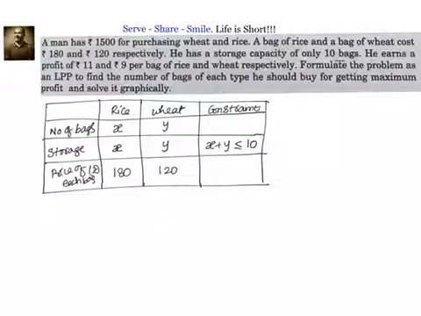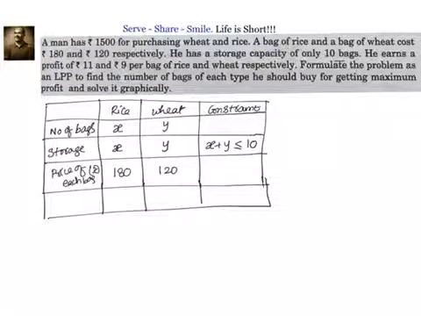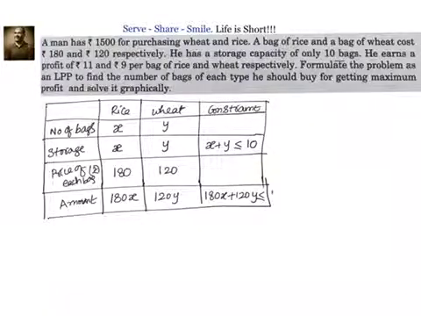Now what will be the total cost, or the total amount needed to purchase X rice bags and Y wheat bags? That total amount is 180, each bag is 180, multiplied with X. Then similarly 120 into Y. What is our constraint? 180X plus 120Y should be less than or equal to 1500, because the max amount he can spend is 1500 rupees.